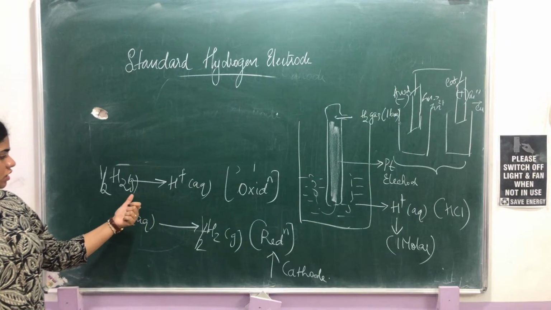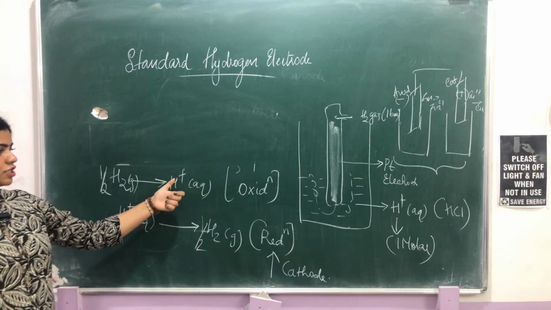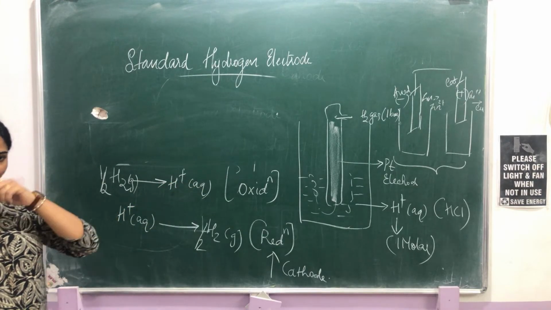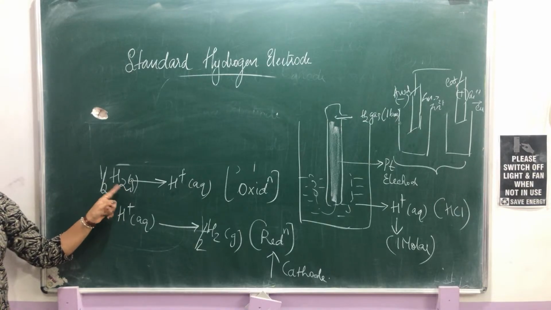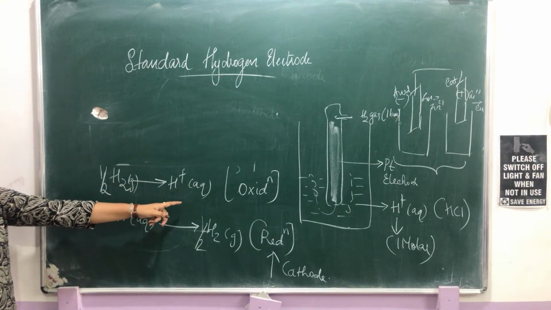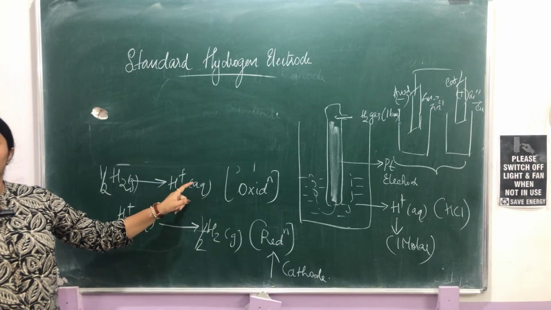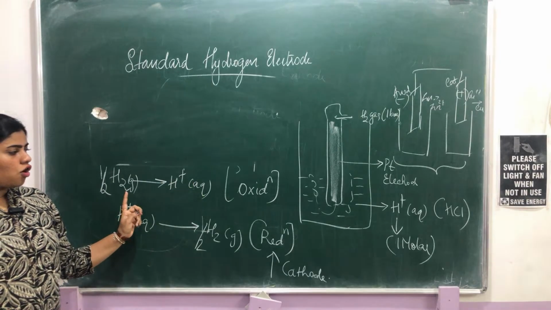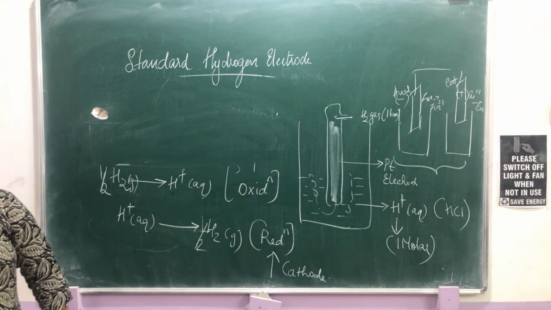Write down the first reaction, half, only the first reaction, okay? Half H2 gas gives H plus aqueous. That's the first step we studied, no? Right? Gas gets converted into, bubbling into the liquid, H plus aqueous. Did you write this reaction? Write down: here, oxidation takes place.